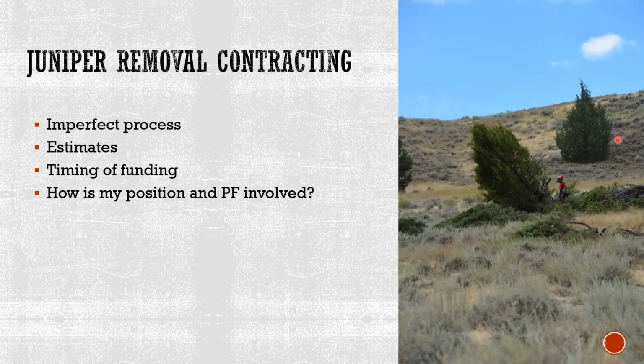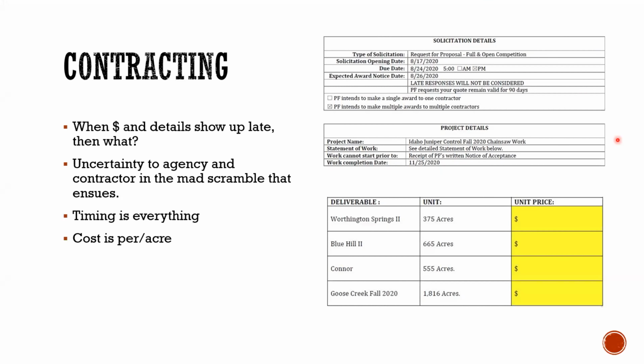We're holding a large NFWF grant here as part of the Bosch project. But when you get towards the contracting end of things, it's really just kind of a guessing game.